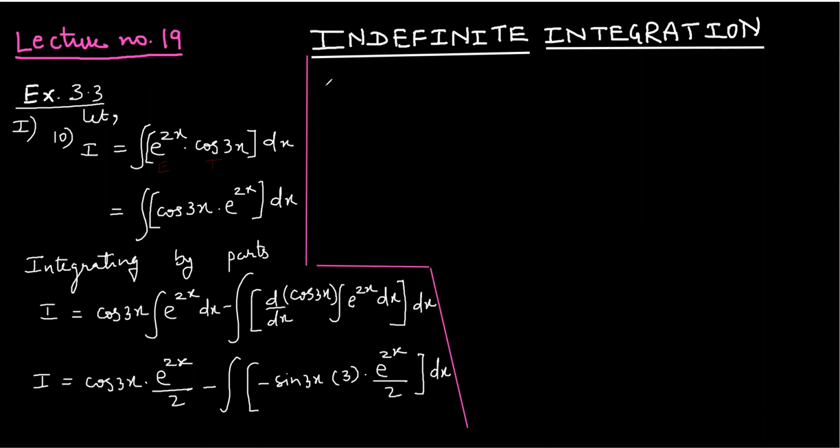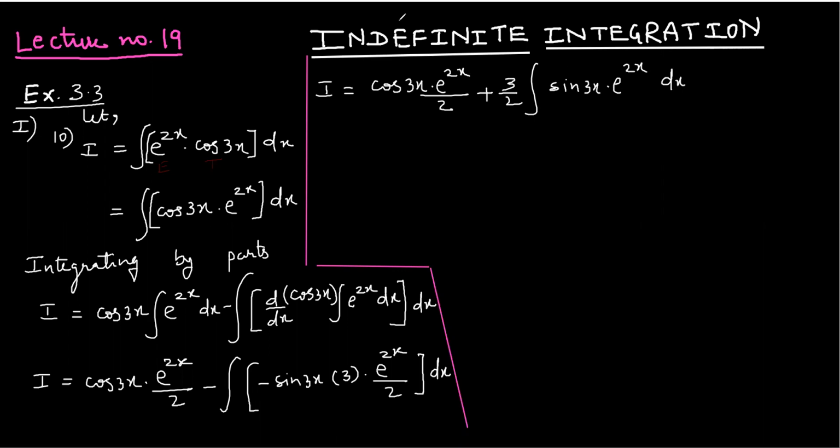Next step, I equals cos 3x into e raised to 2x upon 2 plus, this negative sign I take out, negative with negative becomes positive, and this is 3 by 2, a constant, I write out 3 by 2, and I have here sine 3x into e raised to 2x dx.